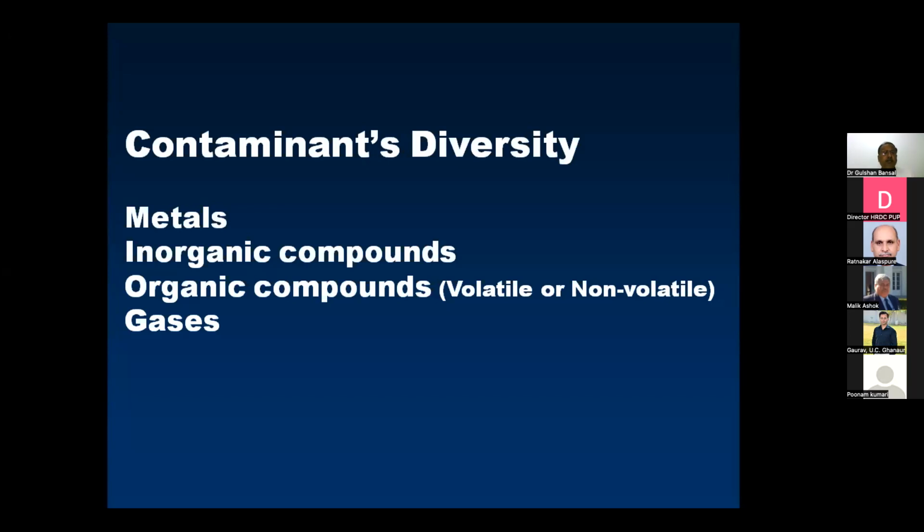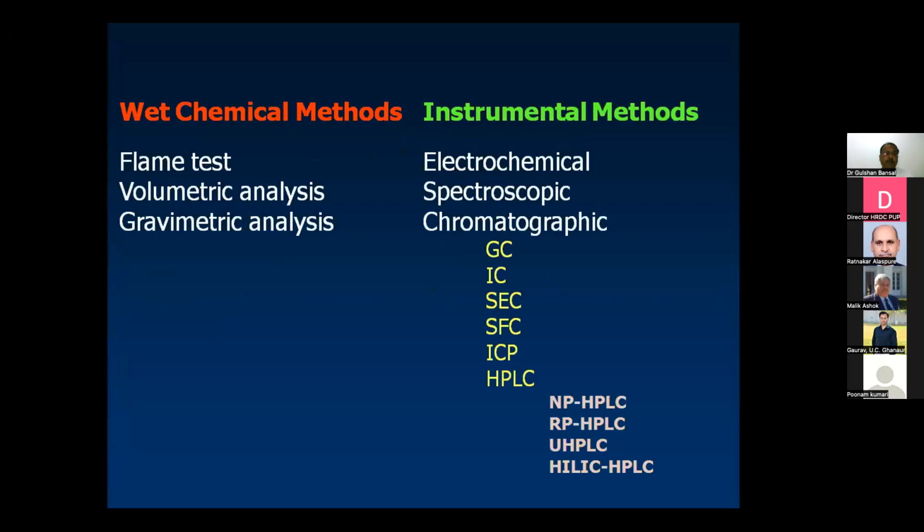So to cater to this huge diversity of contaminants, a single analytical technique is not possible for this purpose. So we use different methods for analysis, and these methods are classified basically into 2 categories: wet chemical methods and instrumental methods.